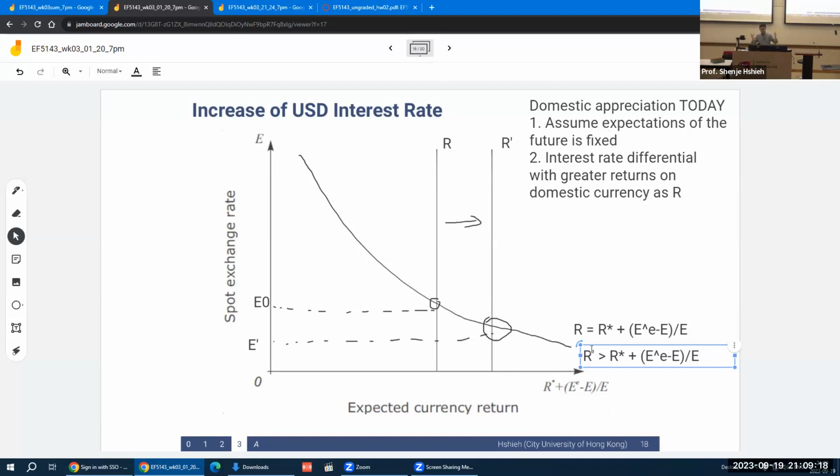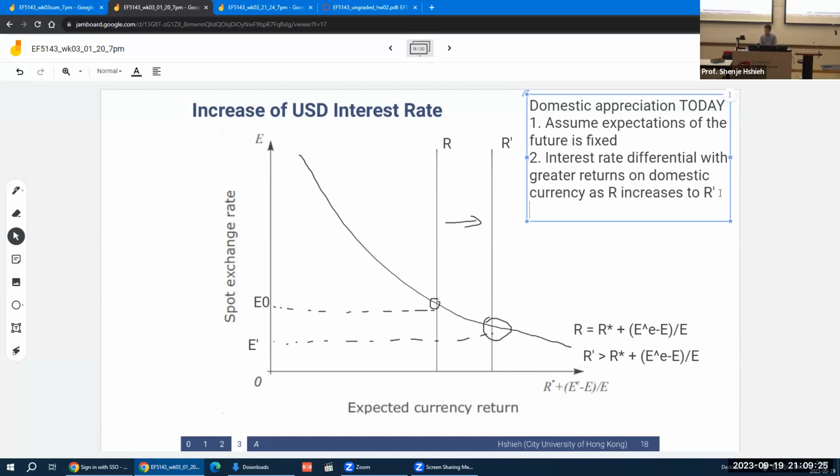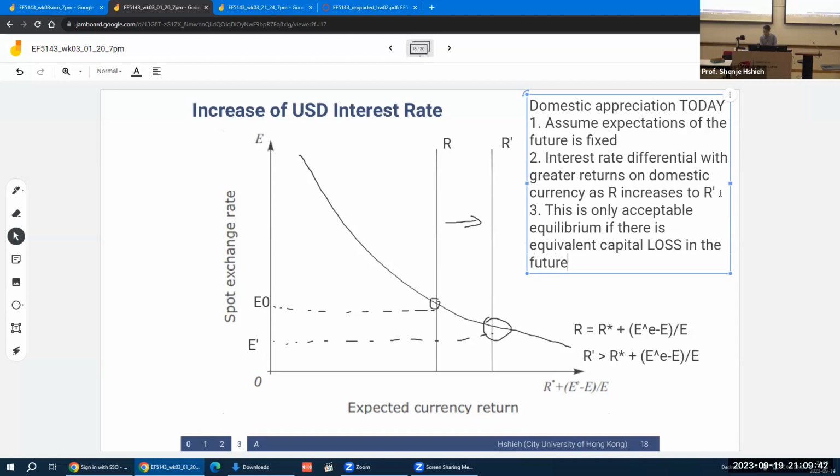The differential is greater now. From the equilibrium perspective, from the UIP perspective, this is only acceptable equilibrium if there is equivalent capital loss in the future on foreign currency.